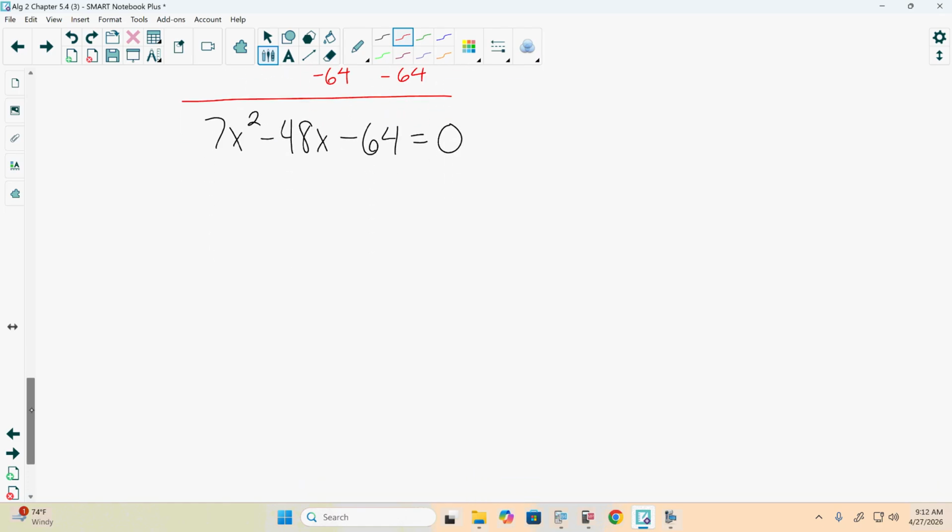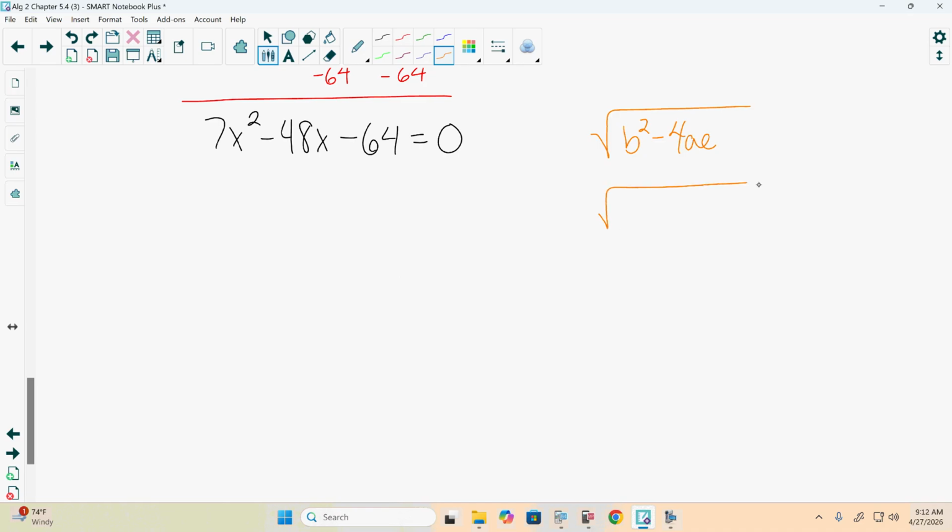So we get to this point here. Now we do need to check and make sure this quadratic is factorable, because we could go through the factoring steps to check and see, but it might be nice to know is the square root of b squared minus 4ac an integer number?